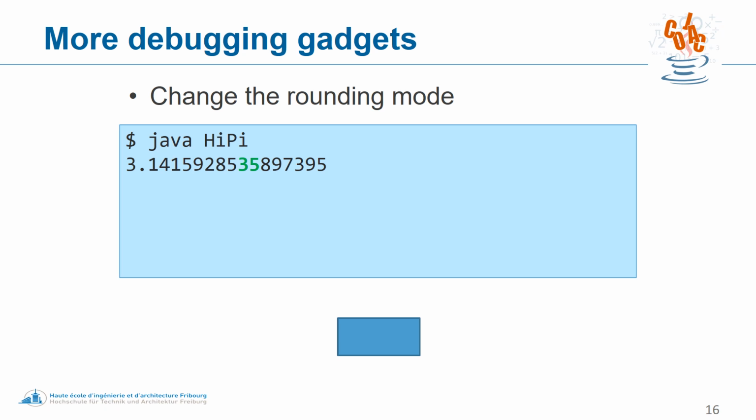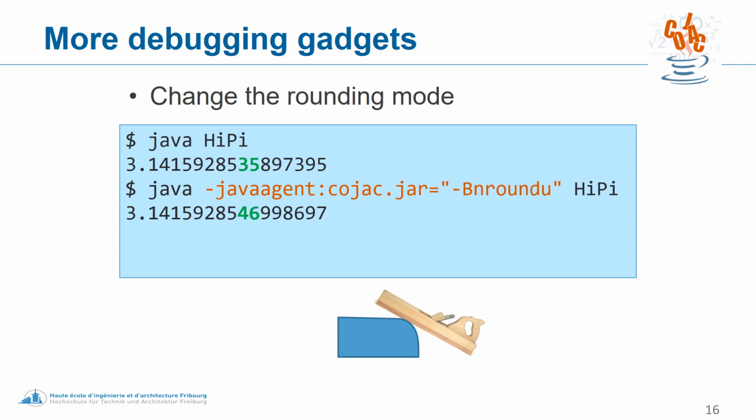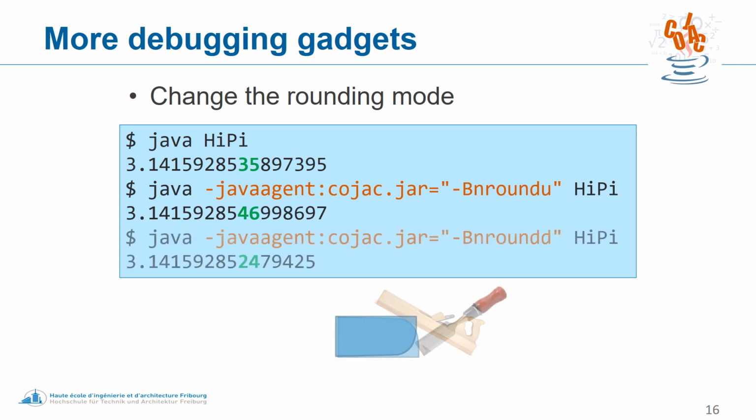A popular trick is to settle a different rounding mode and restart the job, just to see what happens to the final results, with the hope that the impact is not significant. Java itself doesn't give you control over that CPU setting, but with Cojac you have the power to switch on the round up mode for a run or the round down for another try.